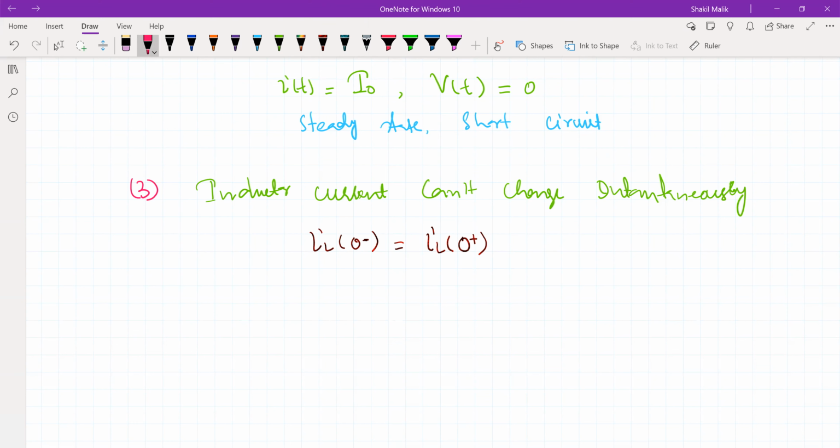Now, the fourth important observation is when we remove the supply.